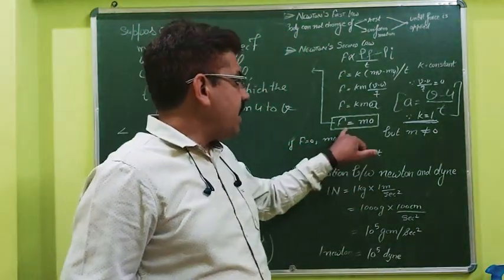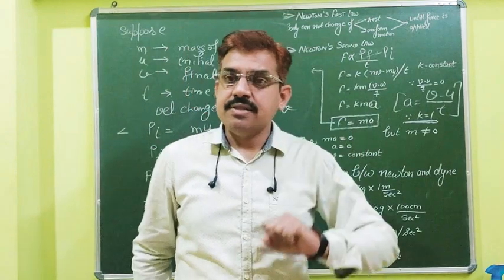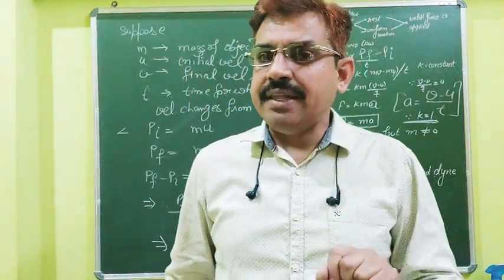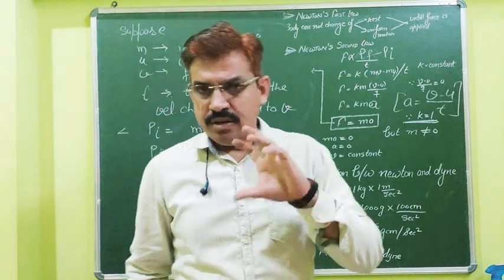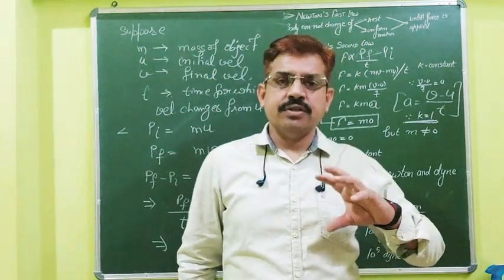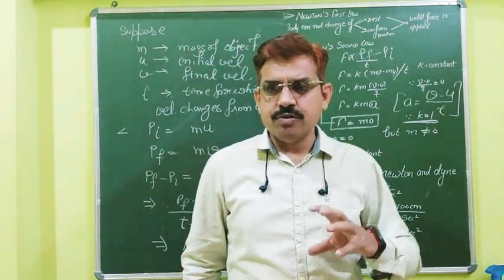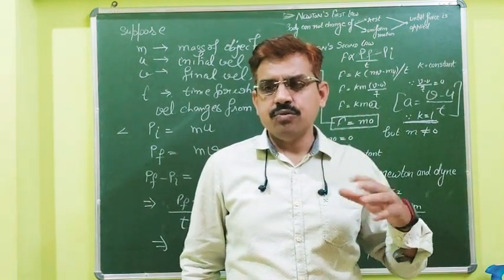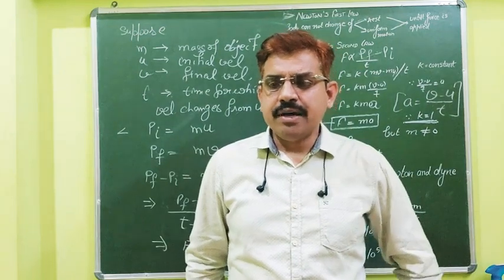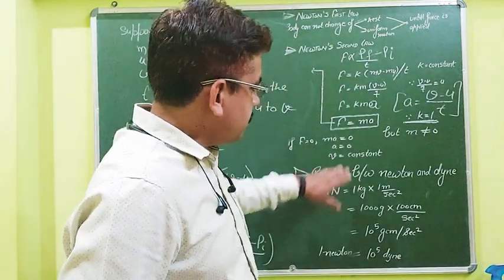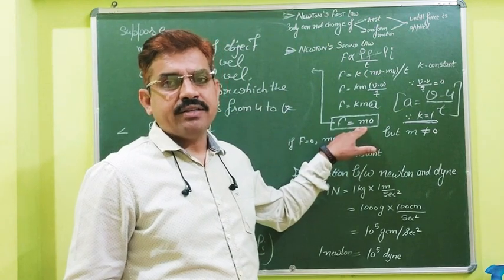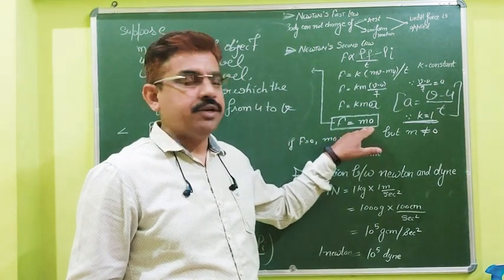Therefore F is equal to ma. This is the formula for force, and it is a very important derivation from the examination point of view, because in 9th standard it comes 2 to 3 times at most. I think it is clear to all of you how we can write F is equal to m into a.